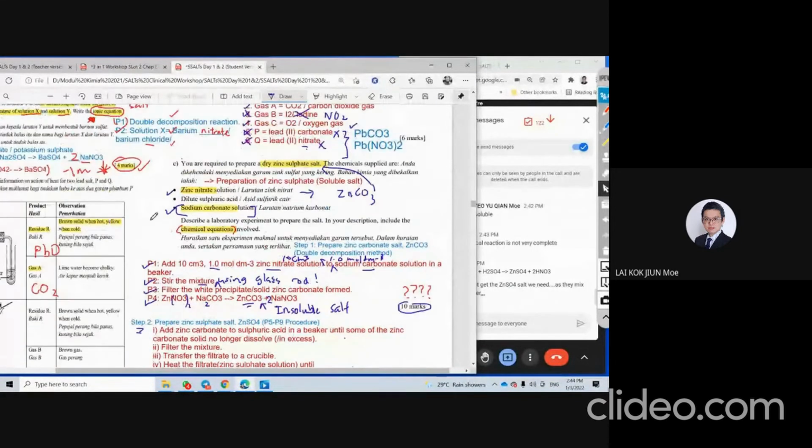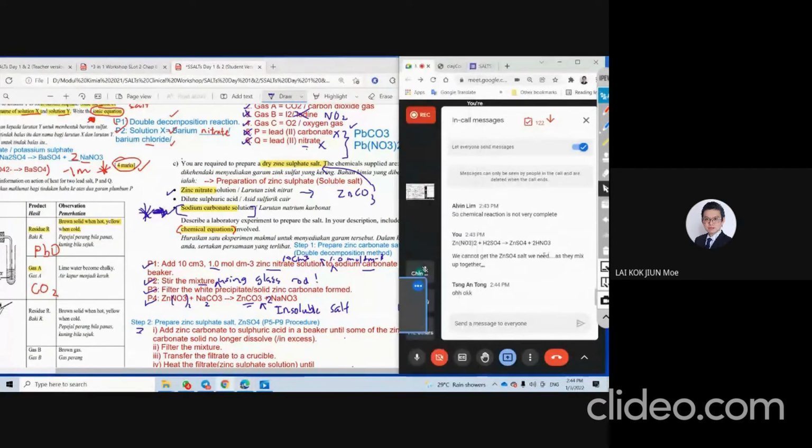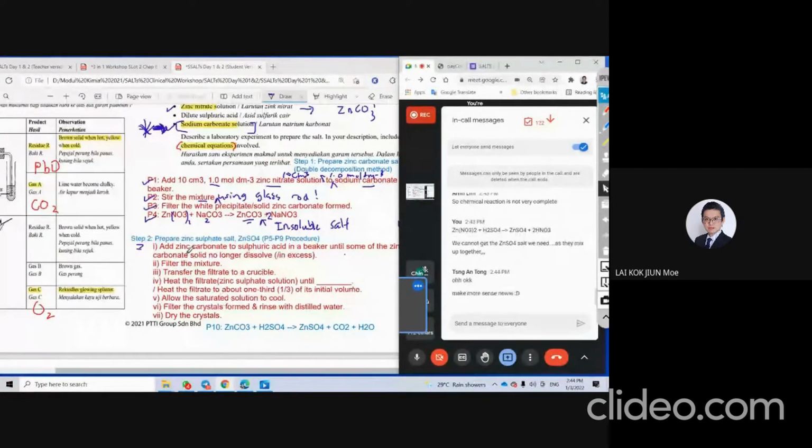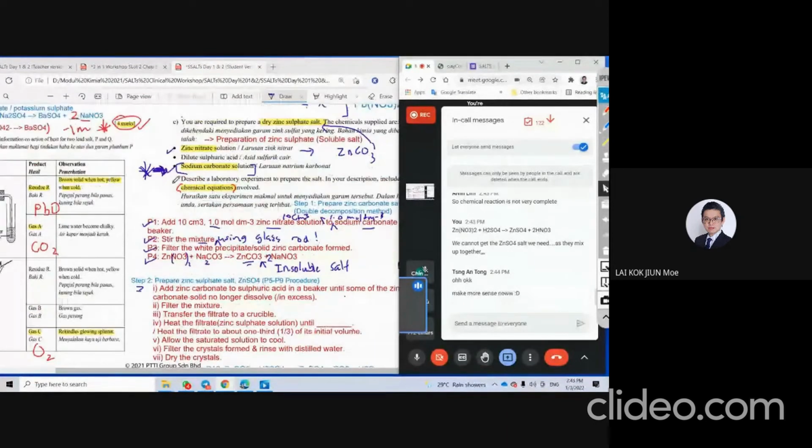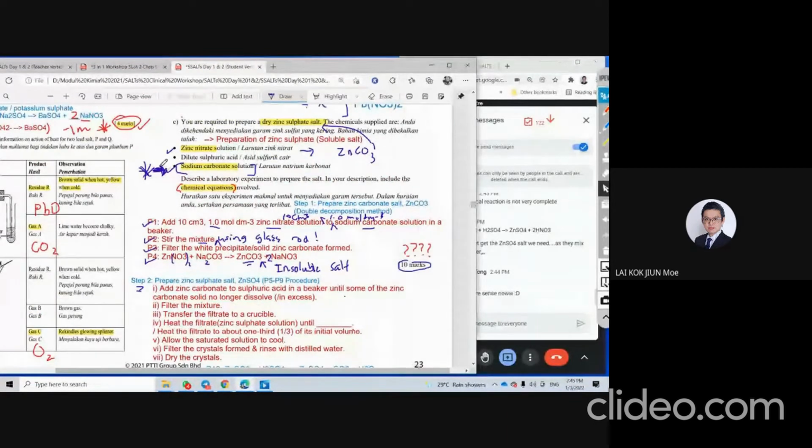Anton, why do they give you the sodium carbonate? They must have a reason. They won't simply give you sodium carbonate here. So this is actually a trap, very dangerous, Anton, be careful. I believe there was a candidate who used it like this.